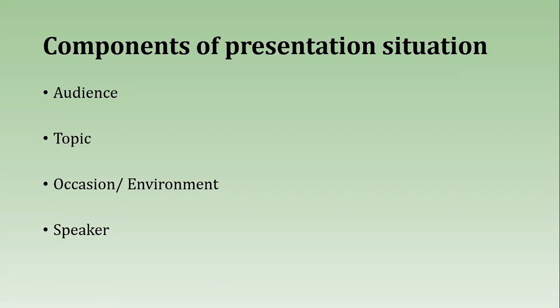First of all, the audience. Audience means the people who are going to benefit from that presentation, the viewers, or we can say the respondents. We can say it in different names, right? The people who are going to sit in your presentation and going to benefit from that.